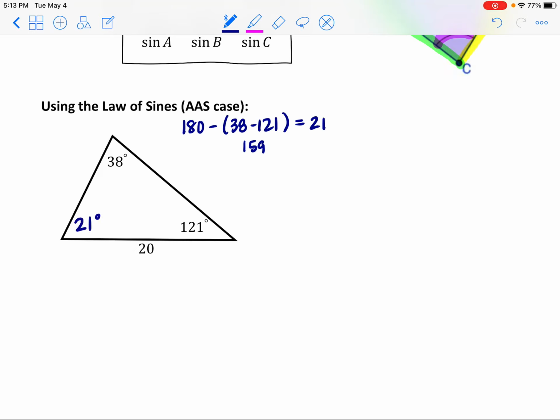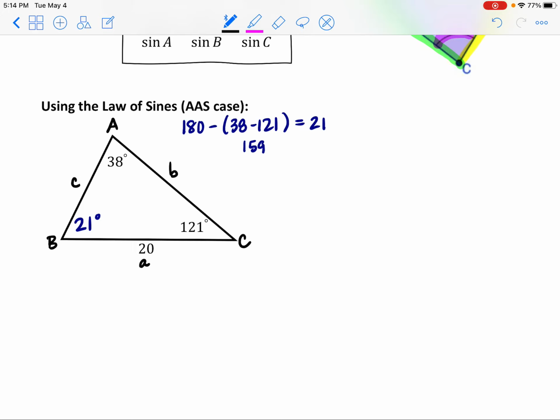So that's pretty easy. Now we know all 3 angles. Now we want to find the remaining sides. So this isn't labeled. I'm going to go ahead and label. It doesn't matter what you choose, but just so that we can organize our work later, I'm going to call these angles A, B, and C, which means this would be side A, this would be side B, and this would be side C. So if I wrote a fraction of the sine of any angle and its opposite side, all of these fractions will be equal.